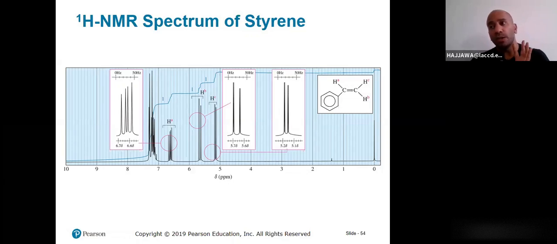Hydrogens that are cis usually have a J coupling of around 10 hertz, so the doublet will be a narrow one, versus the trans one, which is going to read around 15 or higher hertz J coupling value, giving a wider doublet.